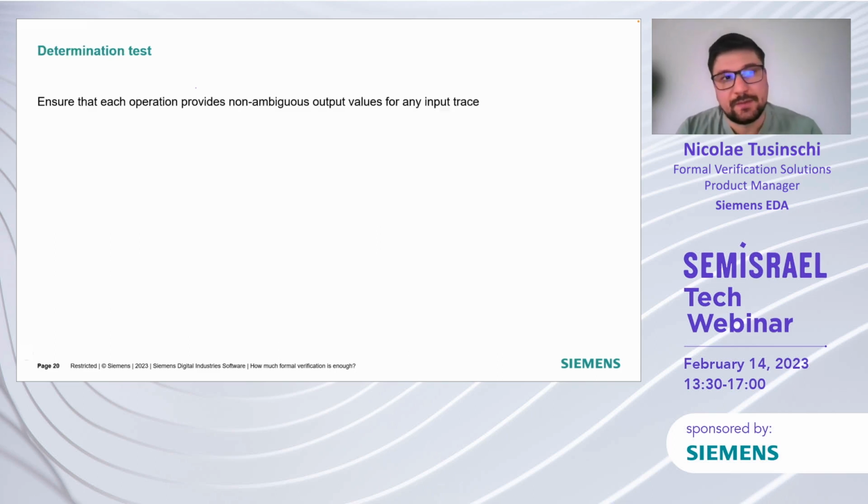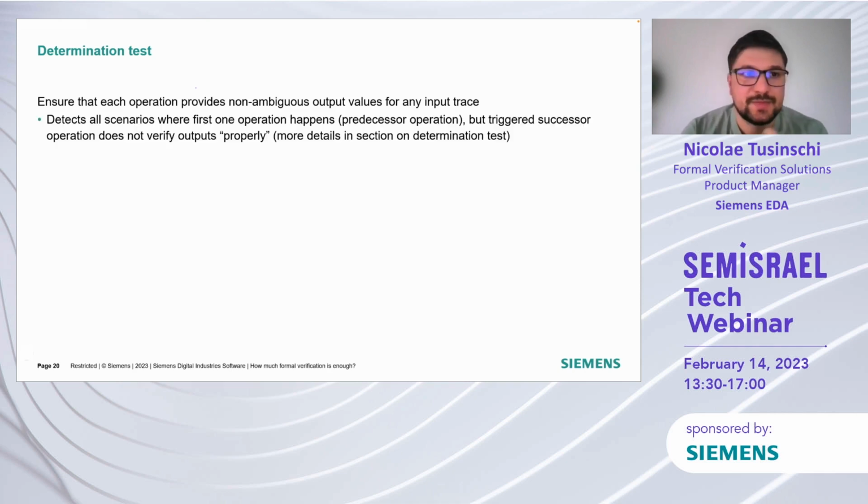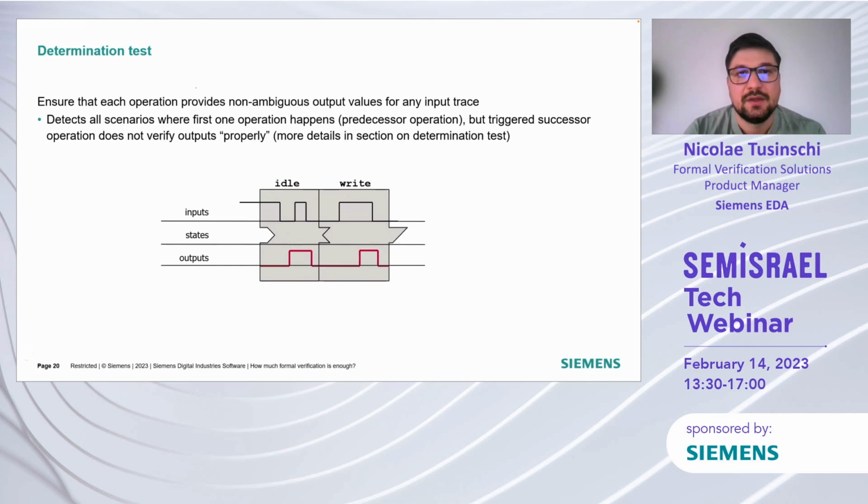When we look at the determination test, this one ensures that each operation provides non-ambiguous output values for any input trace. So it detects all scenarios where first one operation happens, as in the previous case, the idle, but the triggered successor operation does not verify the output.